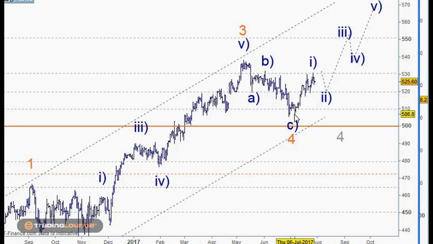Now, obviously, if I counted it from this low here, then that would be an A wave and a B wave and a C wave up here as a corrective move, and it would come down to this wave 4. But I don't think that's the case, because when I counted down here, this was also corrective. So this was the low on the cash market as well. So I think we're okay with this as the A, the B, and the C.